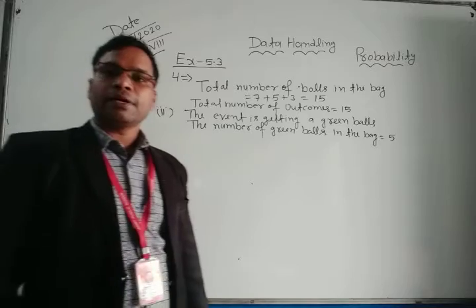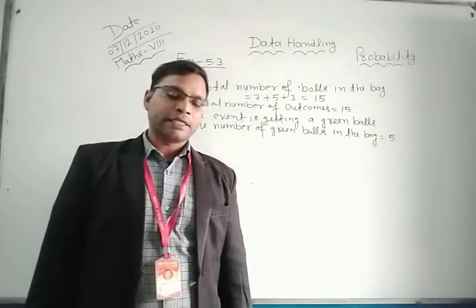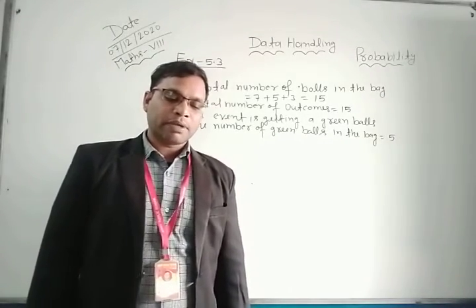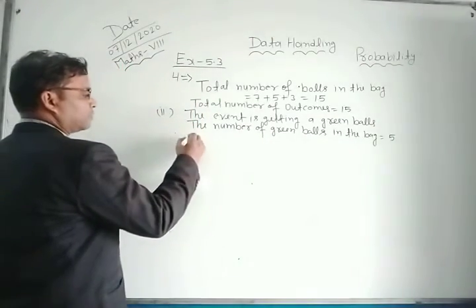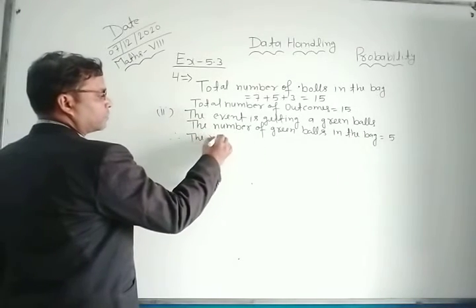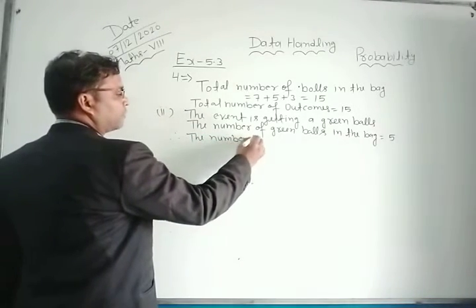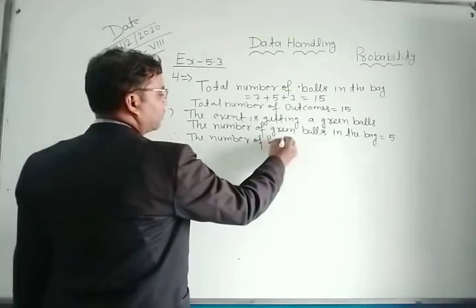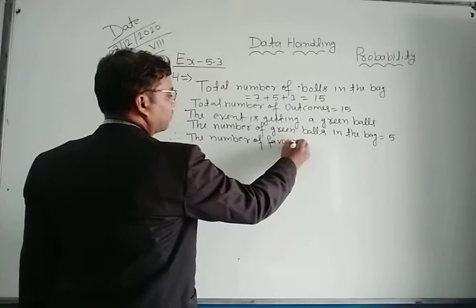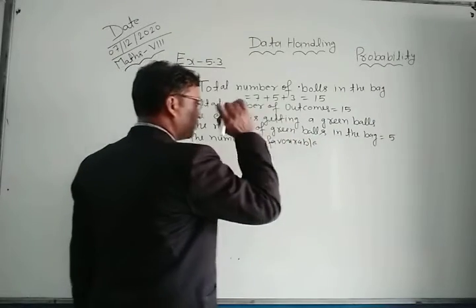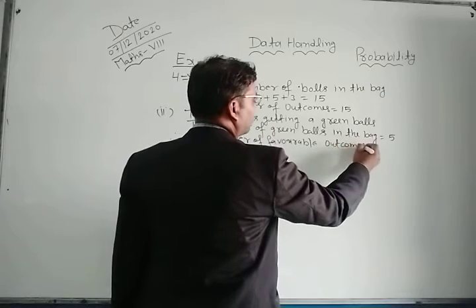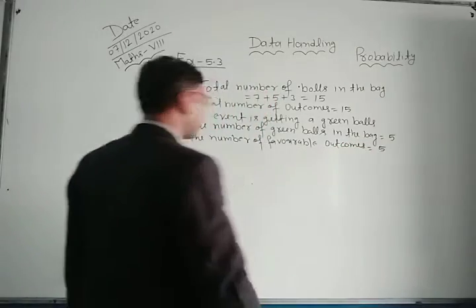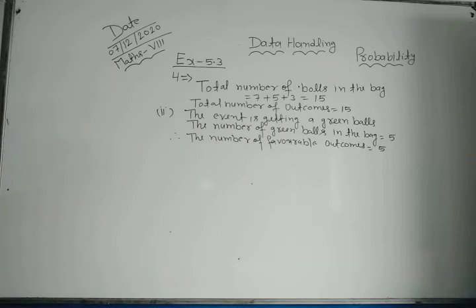How many green balls in the bag? 5 green balls. So the number of favorable outcomes is equal to 5.